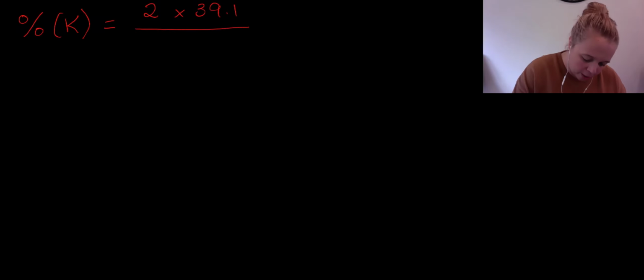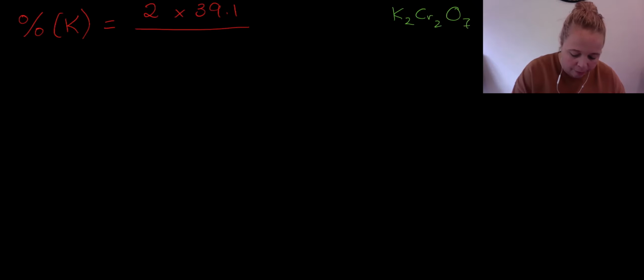The entire compound, I'm just going to write it over here for us to remember it, is K2Cr2O7. Oh, sorry, that's not going to fit. Let's try again. My entire compound is K2Cr2O7. Good. So what are we going to do for that?